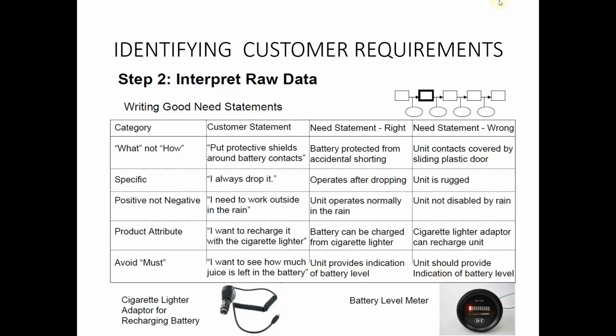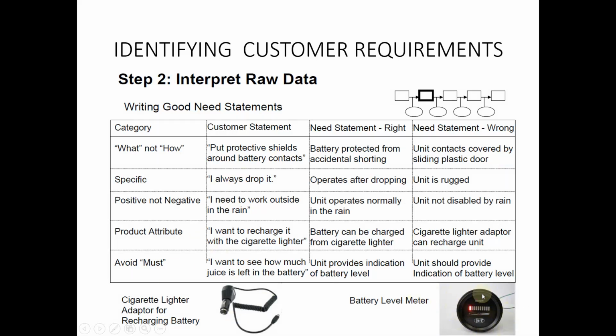So all these are the correct statements of indicating the requirement, and these are the wrong methods which should not be used for stating the needs for the product. As I mentioned, the product is being shown here.